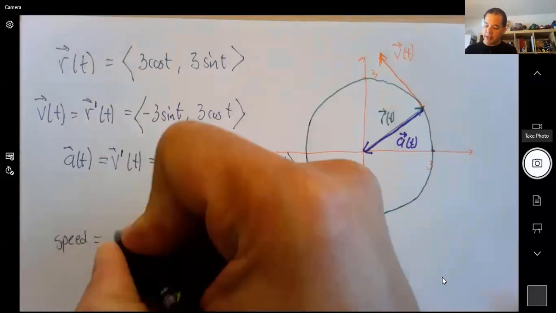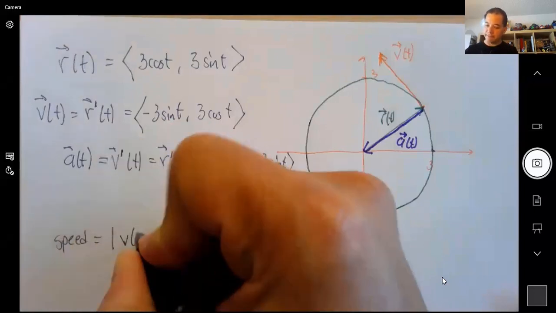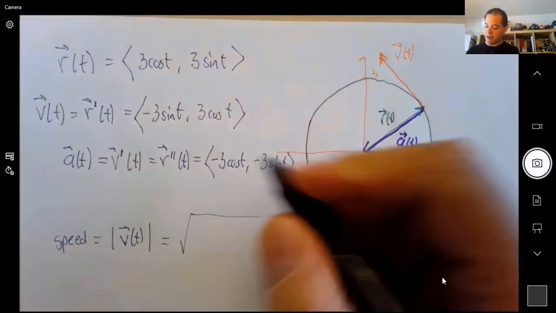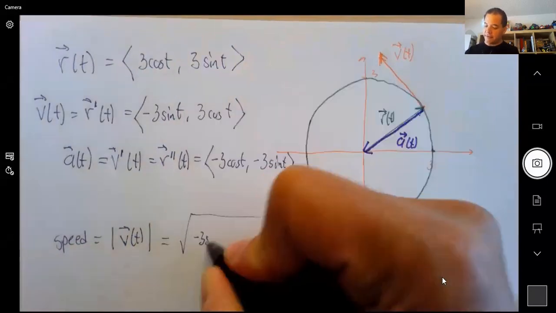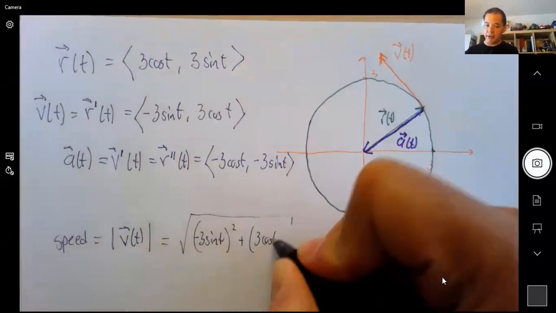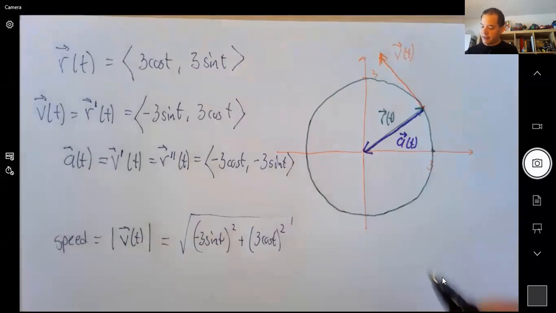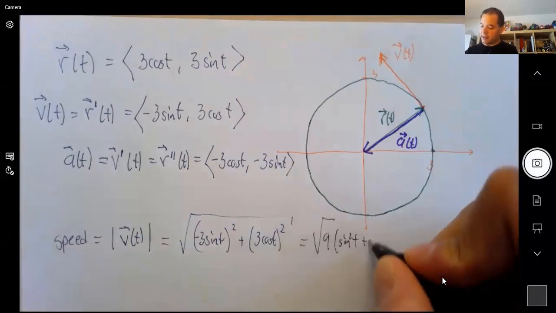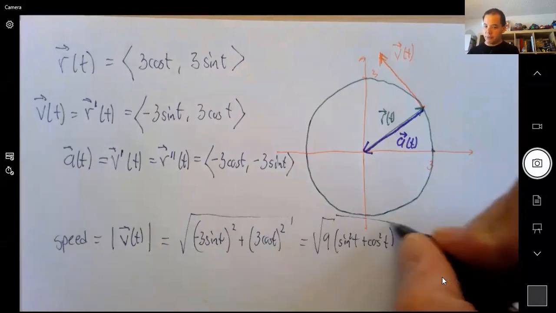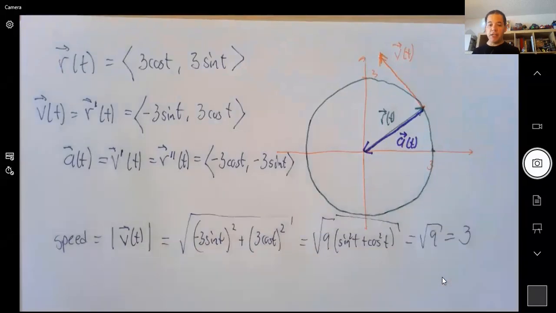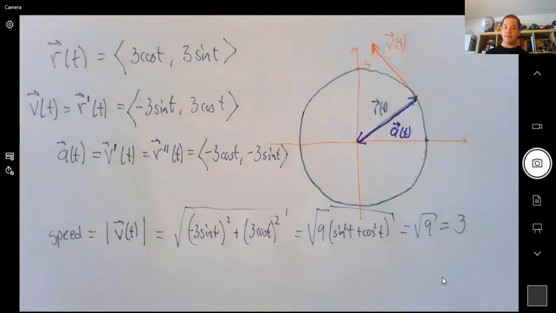Well, the speed is the magnitude of the velocity, and that's the square root of, this is the velocity, (-3 sine t)² plus (3 cosine t)², the square root of that. And that's 9 times sine squared plus cosine squared, which we know this is 1, so this is the square root of 9. So the speed is 3. So for this first example, our speed is 3 all the time.